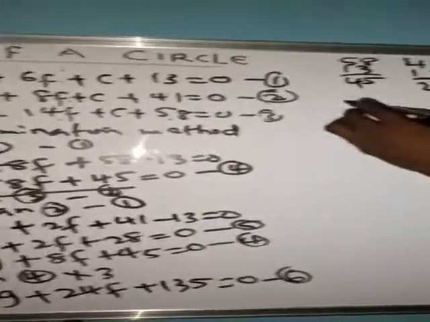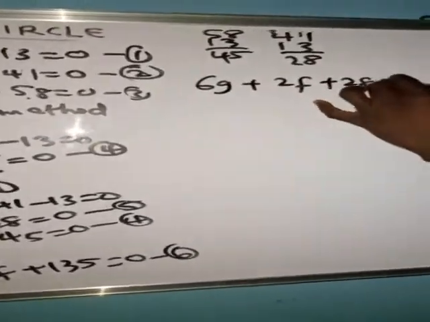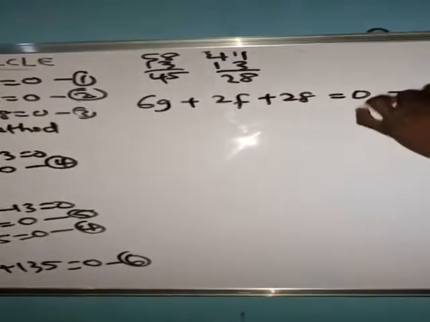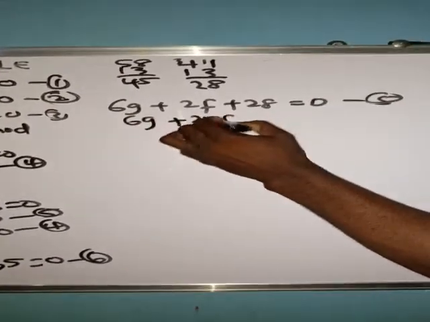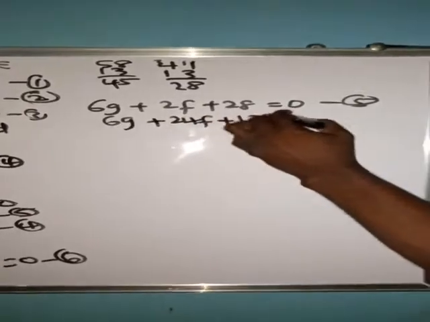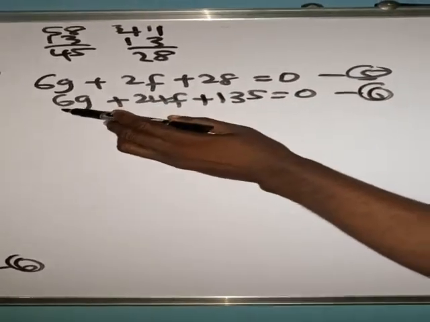So equation 5 says 6g plus 2f plus 28 is equal to 0. And equation 6: 6g plus 24f plus 135 is 0. By subtraction, I will eliminate g.